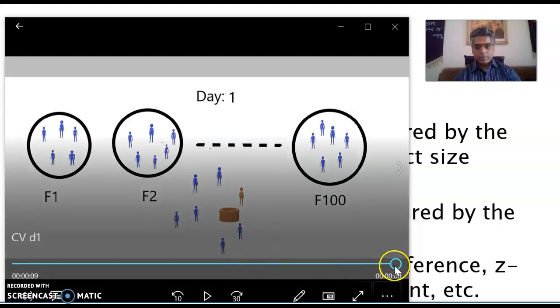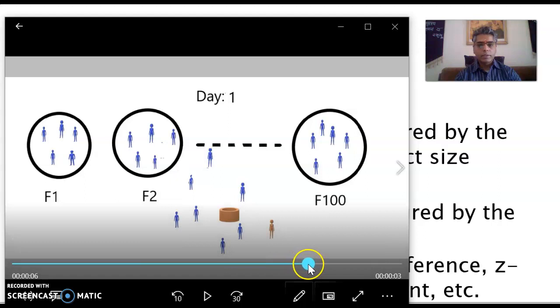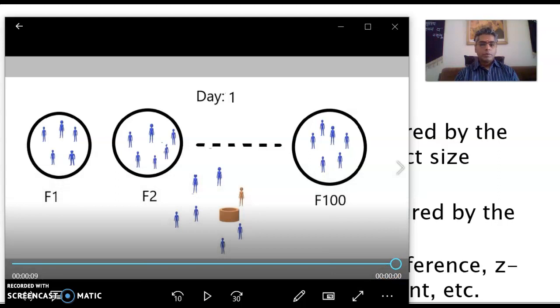Let's rewind a bit and see what is really happening here. Everybody is following social distancing. One person at a time from each family is approaching the well, and this lady, the disinfection worker, is doing her job well, coming and disinfecting the well, and everybody is following the protocol on day one.